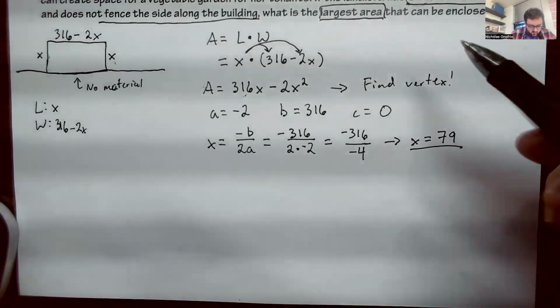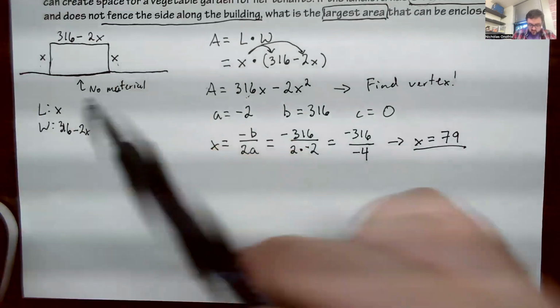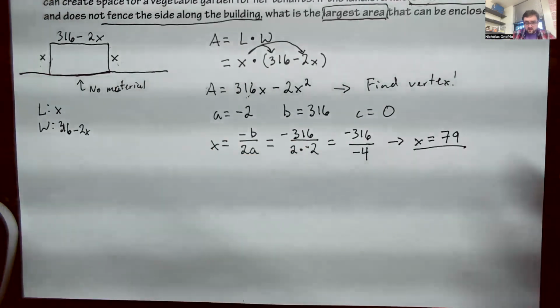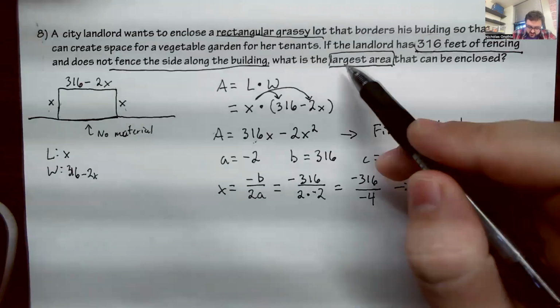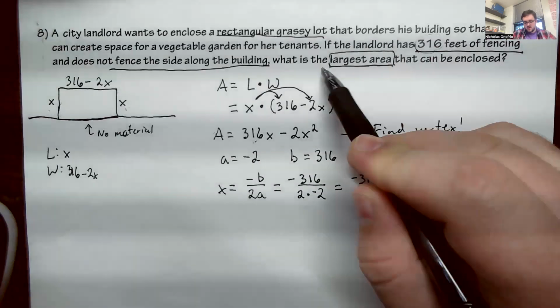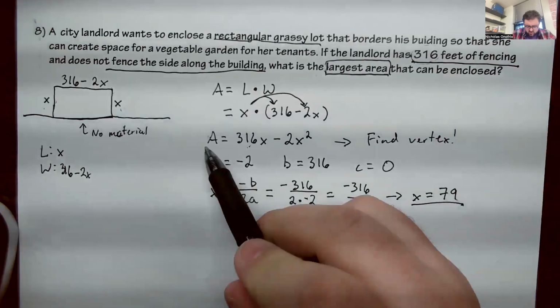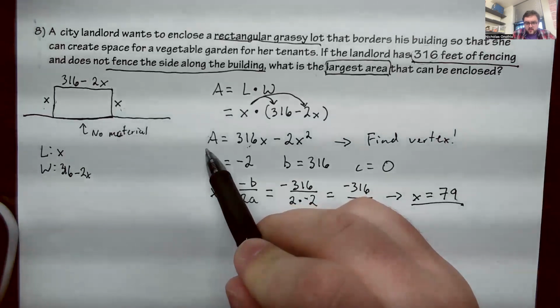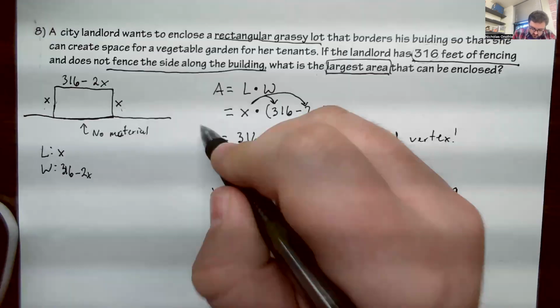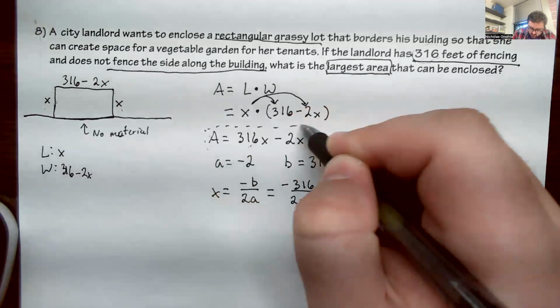Okay, so now we know what x is. We know what our length is, but that's not what we're looking for. We're looking for the largest area. And lucky for us, don't we have an equation for area already? We have our area equation right here.